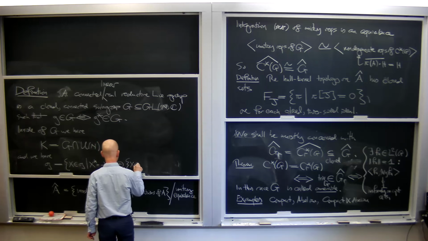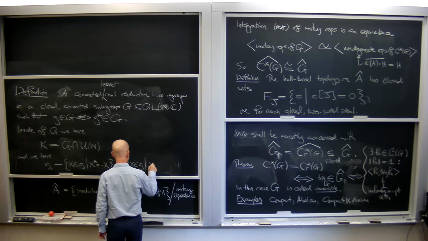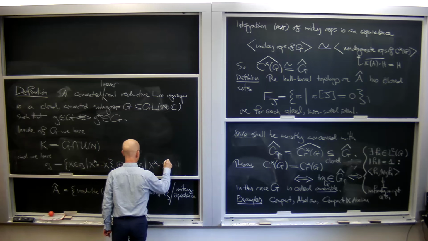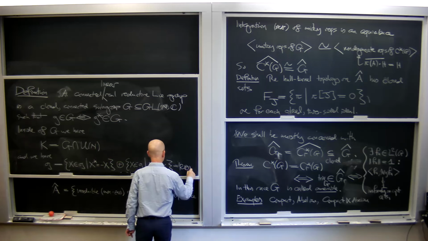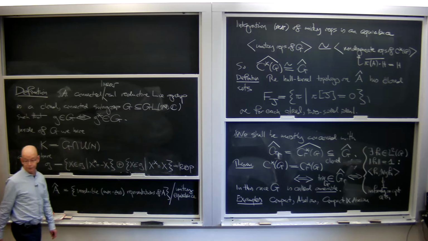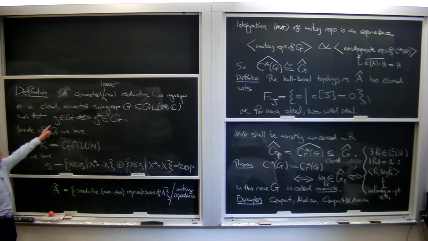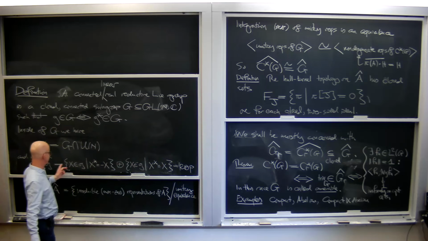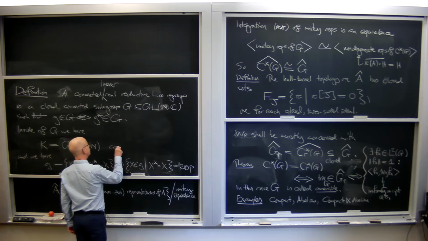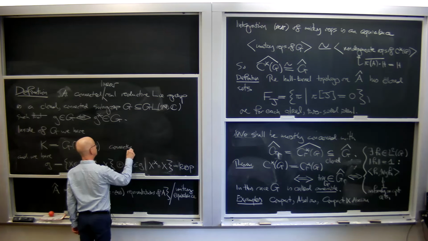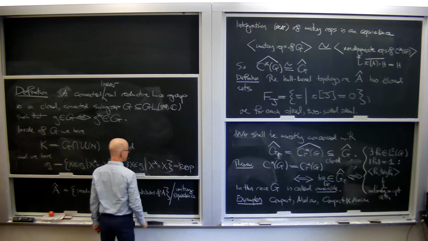And then there's all elements in the Lie algebra which are self-adjoint, which we call P. And this is a vector space decomposition because G is closed under the adjoint, G the group, and therefore G the Lie algebra is too. So you can always break up the space into imaginary and, so to speak, real parts like this. This K is always a connected group, and of course compact.